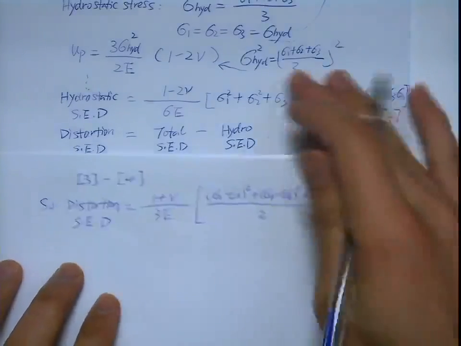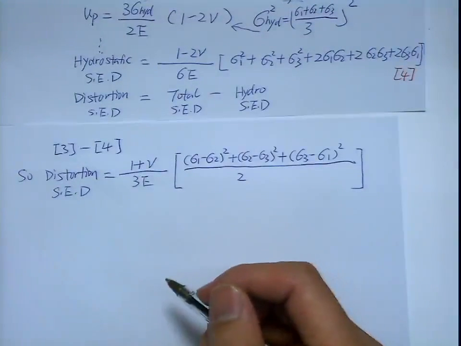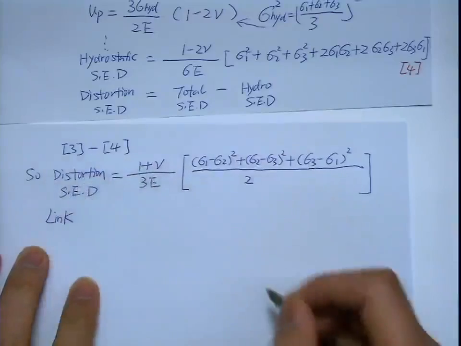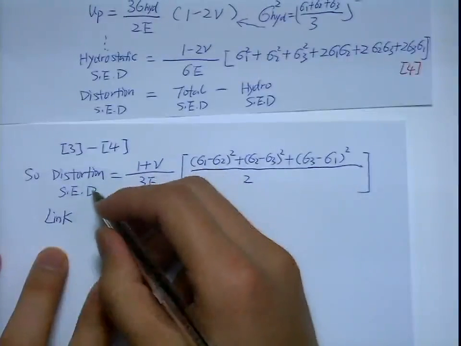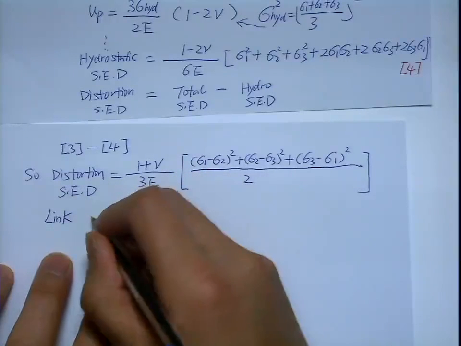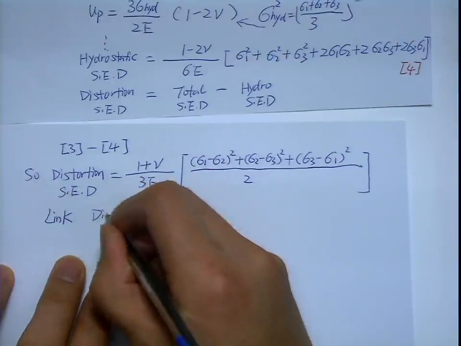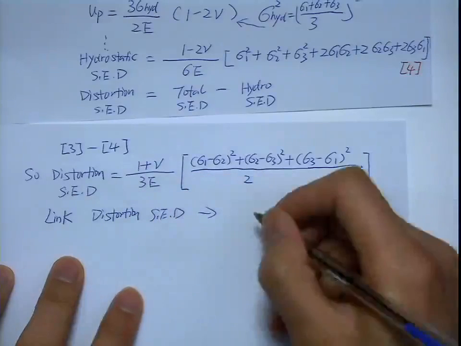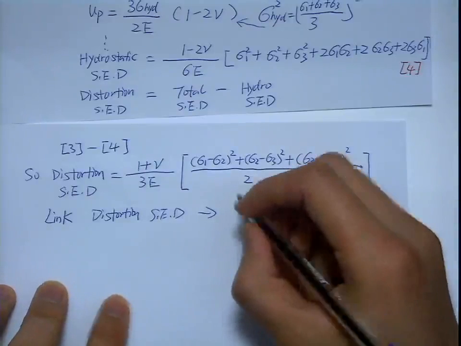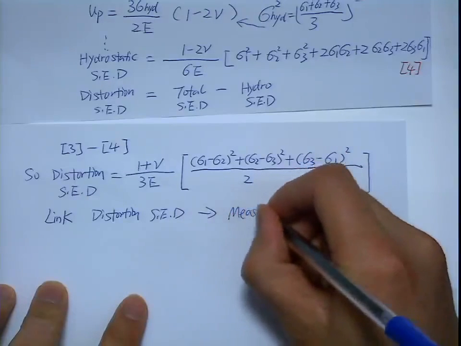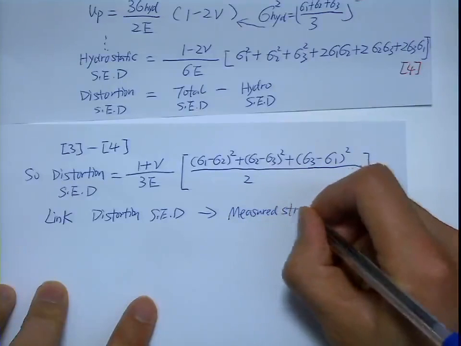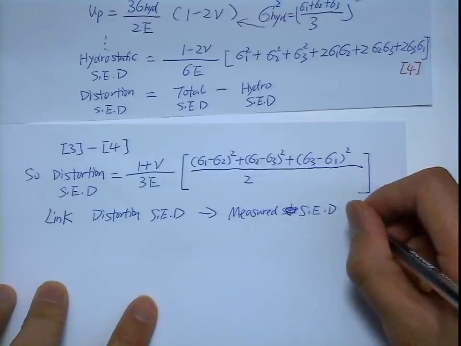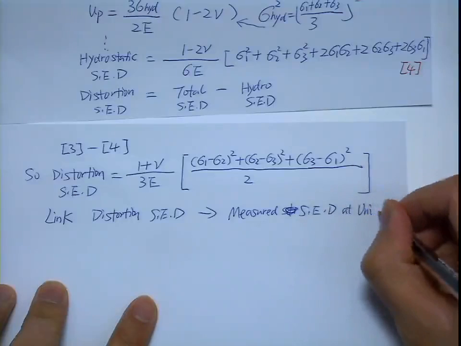And what I wanted to say is, now we want to link these kind of things, distortion energy density, link that to my measured. So what do I mean measured? Measured strain energy density, measured SED, in uniaxial loading.